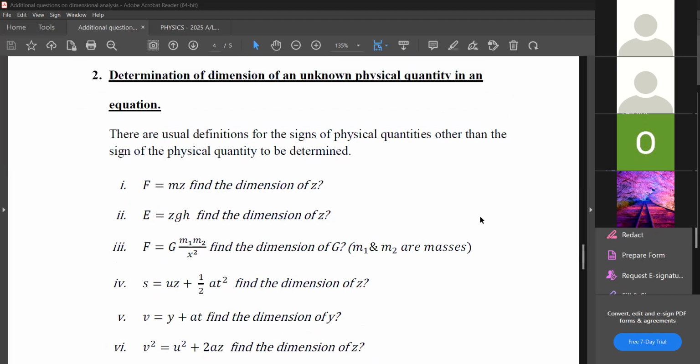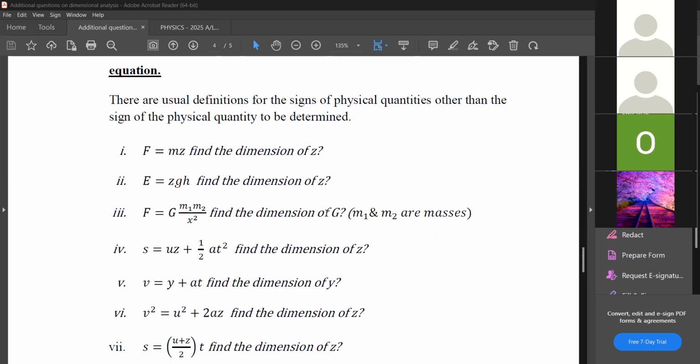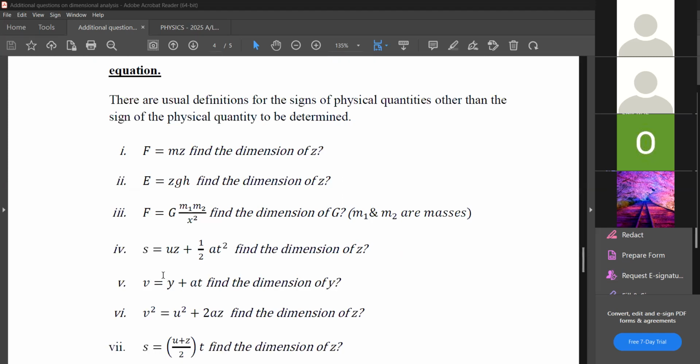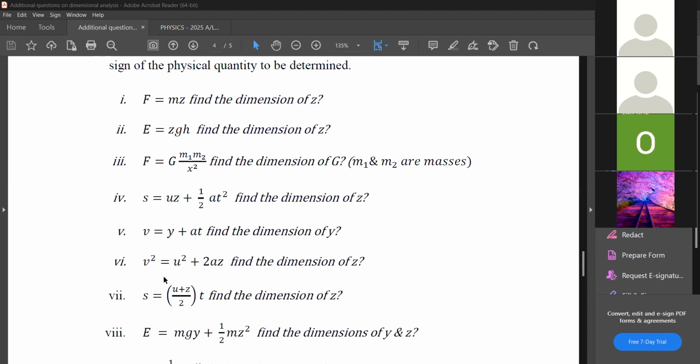This one. I think we have done a few questions here, no? Up to question 5 we have done, no?